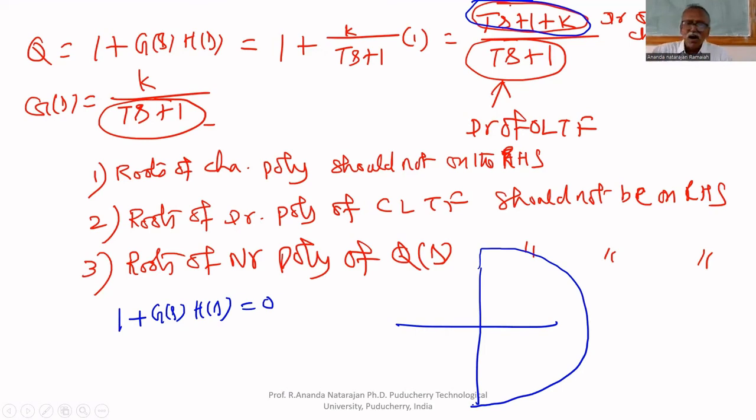It will encircle the origin. For example, I am taking the contour like this, up to J infinity, I am selecting.